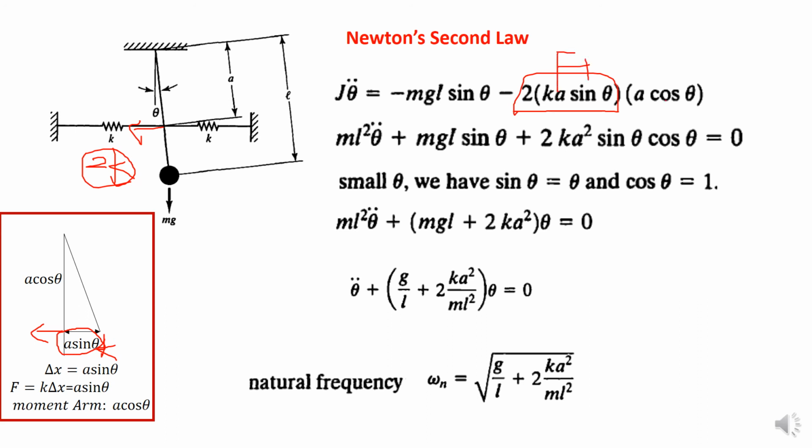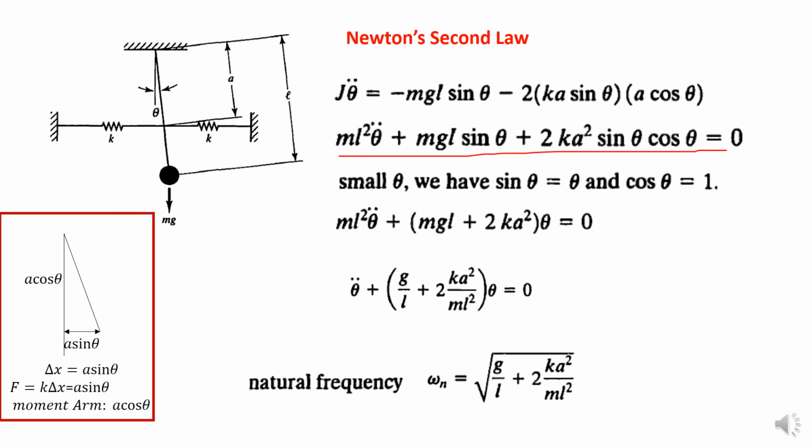This is the actual force, and A cosine theta will be the moment arm. We will generate a negative torque because it will rotate in this direction. If we assume this direction is positive, then this direction is negative. So we will get negative 2K A sine theta times A cosine theta.